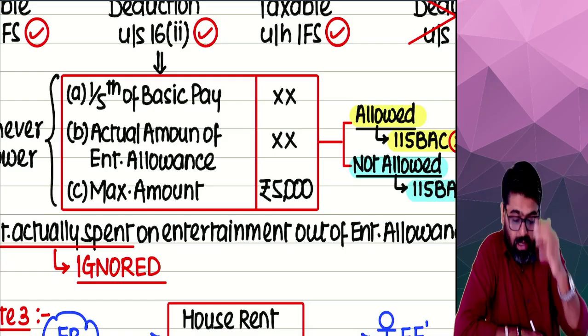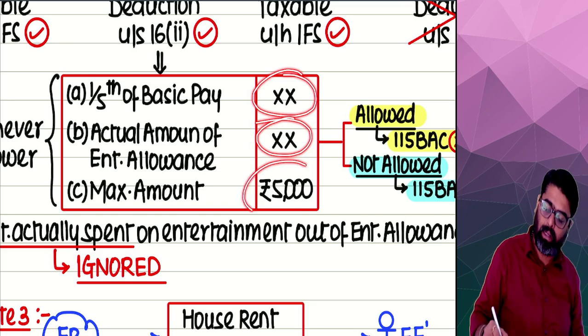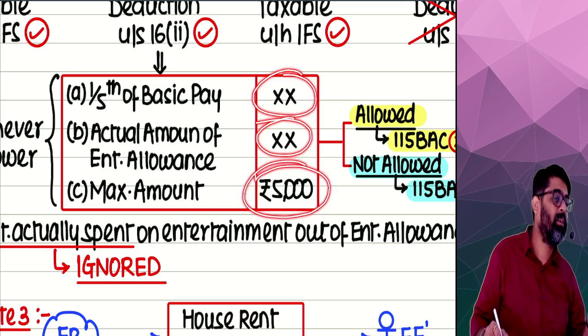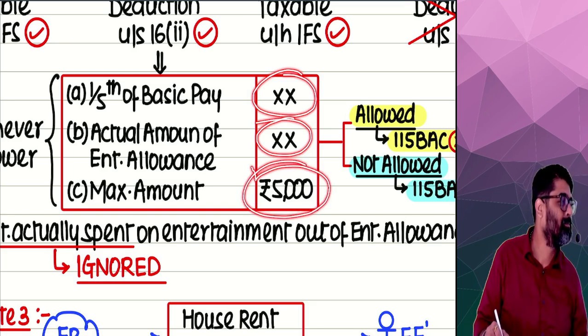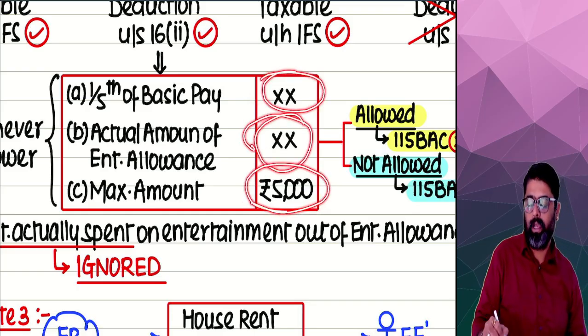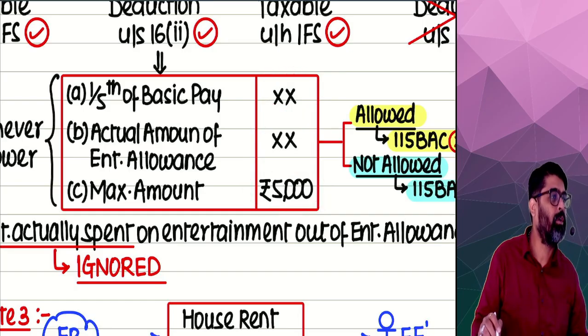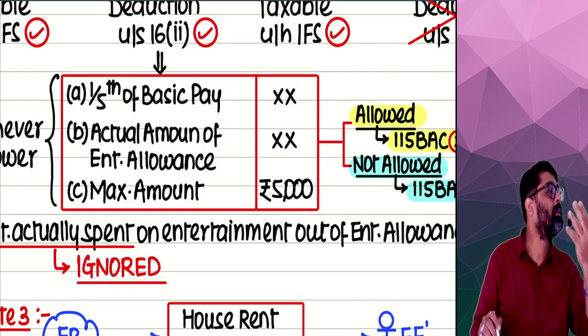If A limit is 10,000, B limit is 20,000, and C limit is whichever is lower. Or if A limit is 3,000, B limit is 2,500, and C limit is whichever is lower. In no case are you going to get a deduction higher than 5,000.